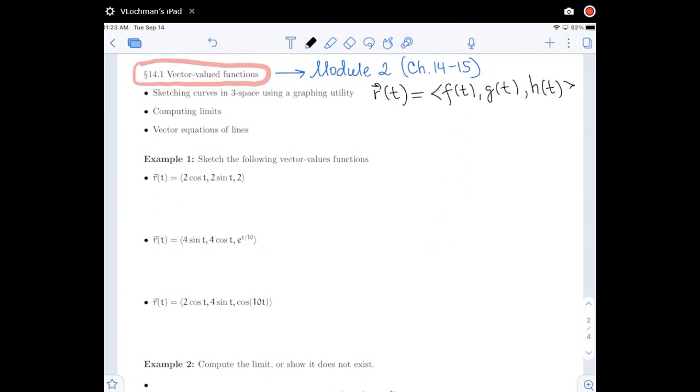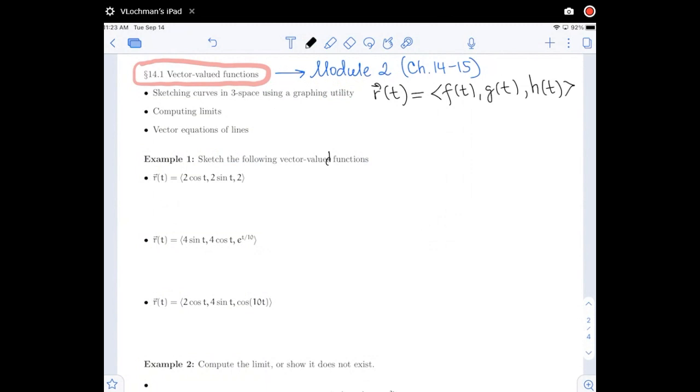And how to work calculus with this particular form over a line or a curve, and then how to graph it. So the first thing we're going to do is sketch some of the vector valued functions using a graphing utility.